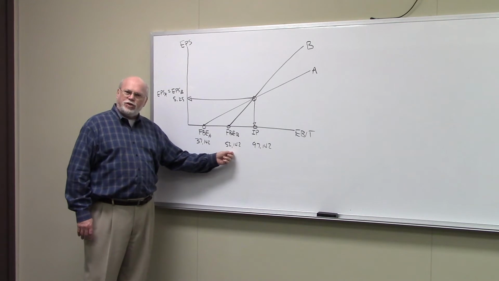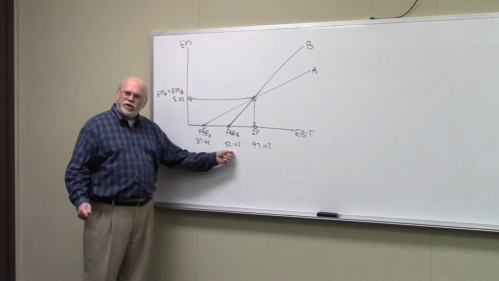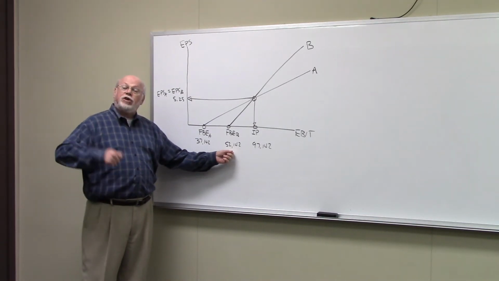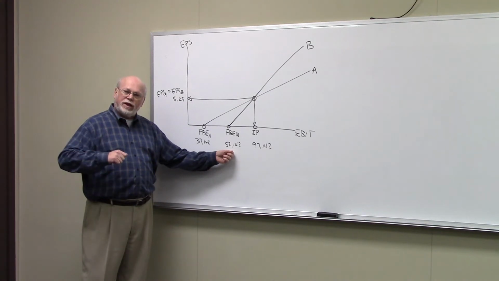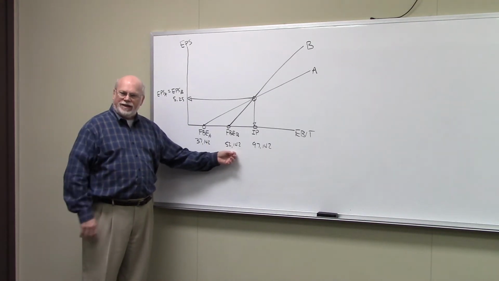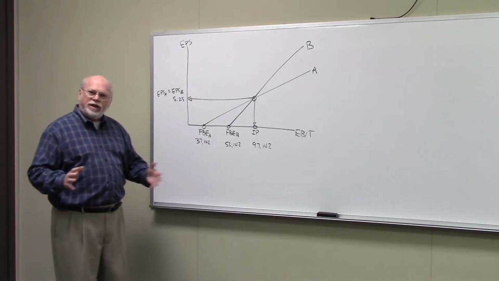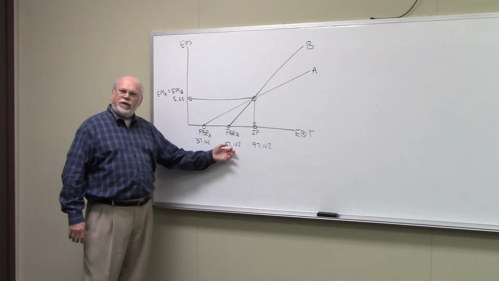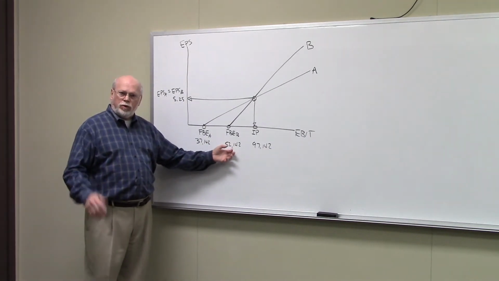A higher financial break-even point is a riskier proposition. Having to earn more money as opposed to less money, there's less odds of that. So just as a risk matter, the greater the financial break-even point, the greater the risk.